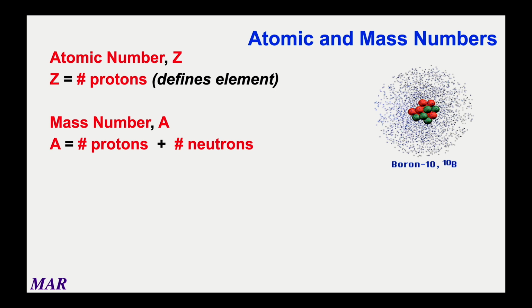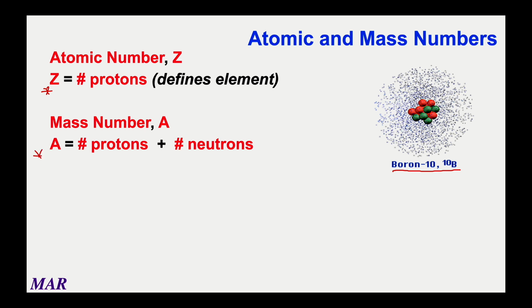We need a way to represent isotopes easily, and this is an example right here of boron, and these are 2 ways that people will talk about boron. Now, just to remind everybody that Z, the atomic number, is the number of protons, and that really does define the element. So if you change the number of protons, you won't have the same element.